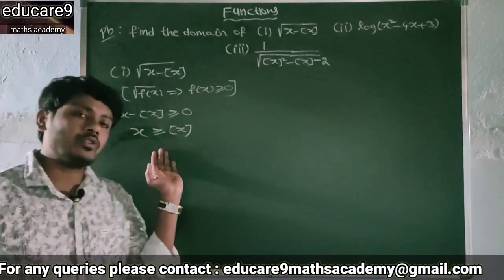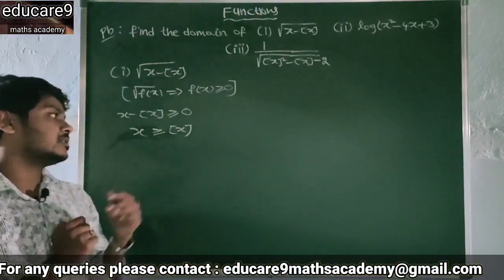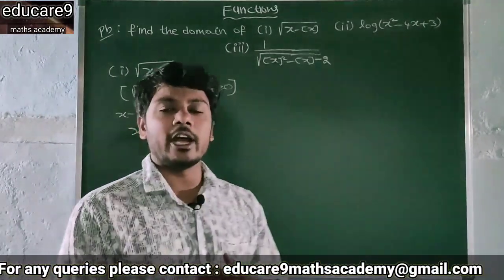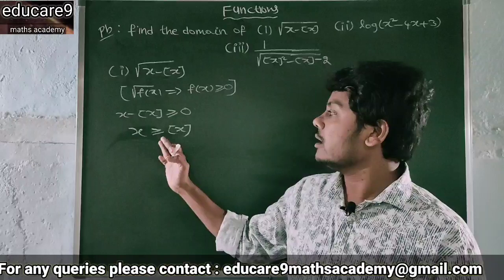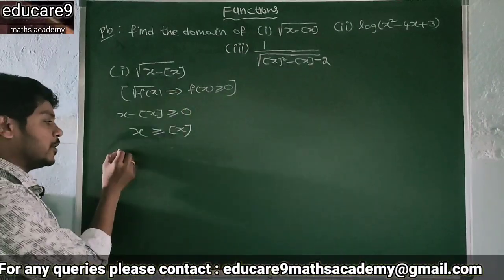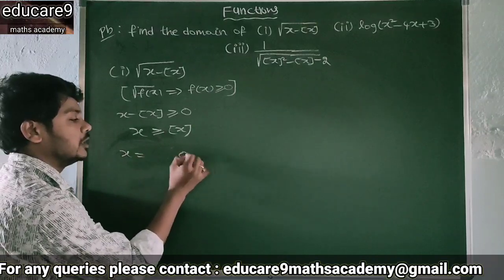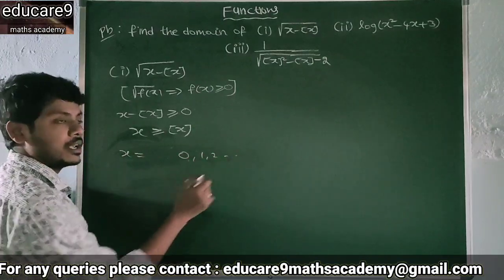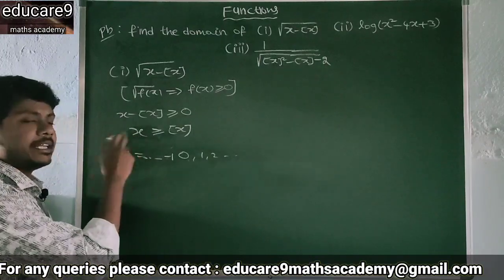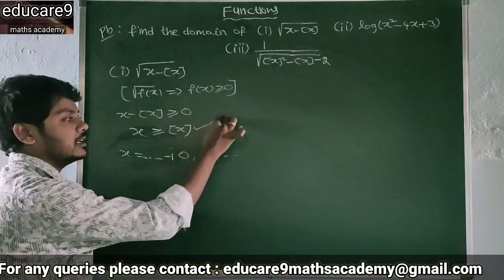Now here you want to find the interval of x. So how to find the interval? So substituting the values of x and find the x values. So here for example x is equal to 0, 1, 2 and so on. Here minus 1 and so on. Now substitute the integer values in given condition.